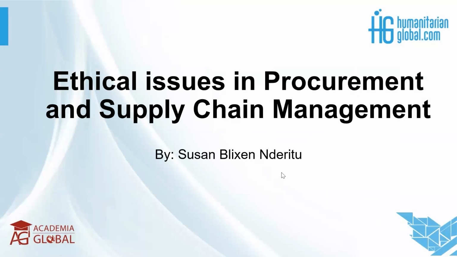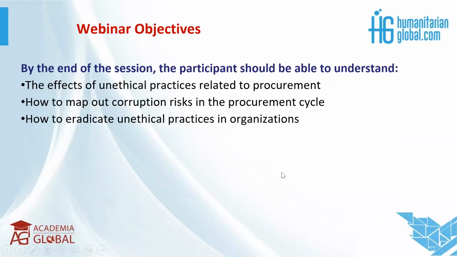Great. So we will start with what we expect to gain by the end of the session. One of the things we're looking at is for you as a participant to be able to understand the effects of unethical practices that are related to procurement. The second is for us to understand and map out corruption risk in the procurement cycle.